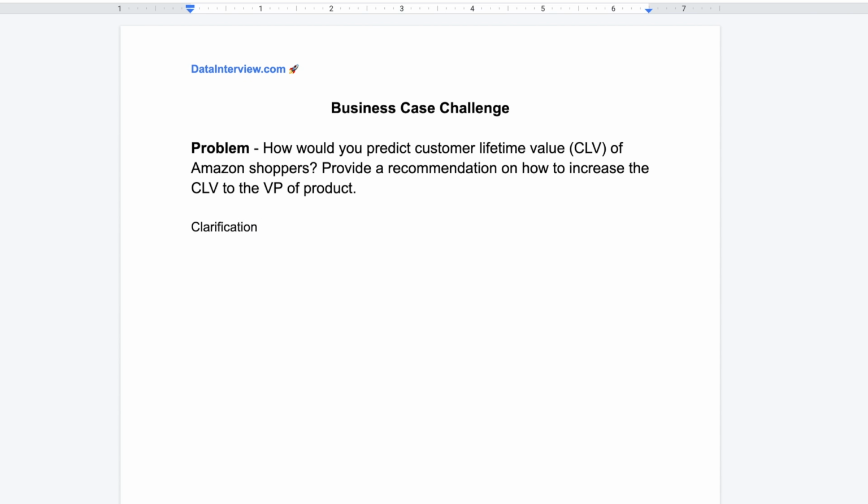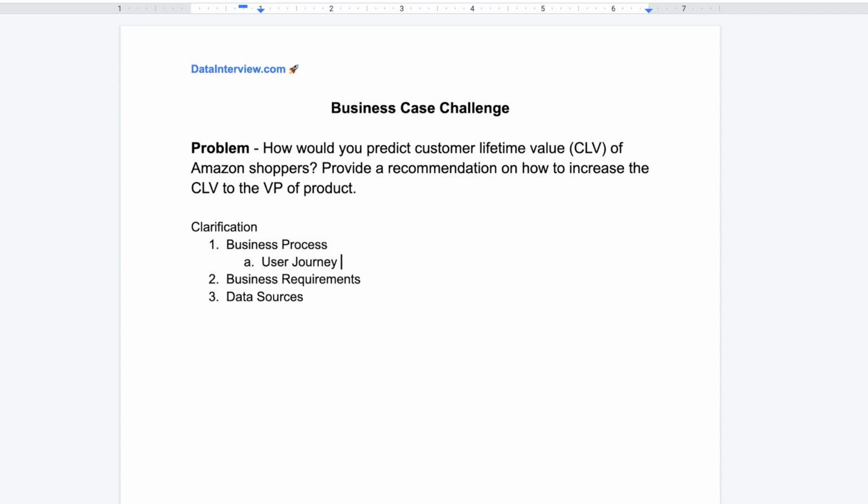And if I'm going to clarify the problem, I want to understand the business process. I want to talk about the business requirements. And I want to talk about the data sources that I can use to build this model. And in order for me to talk about the business process, basically I want to just briefly walk through the user journey.